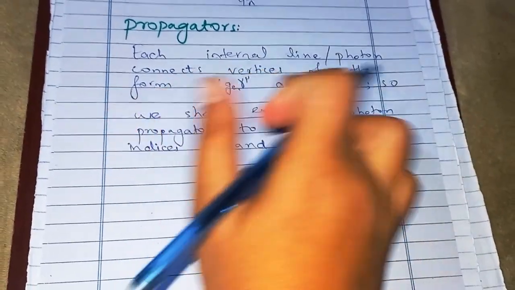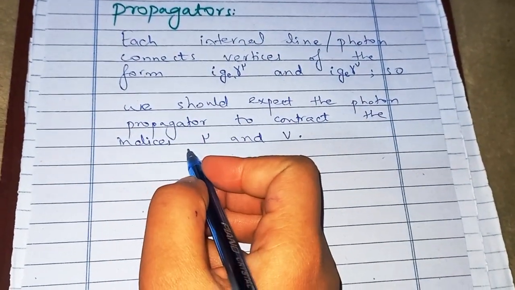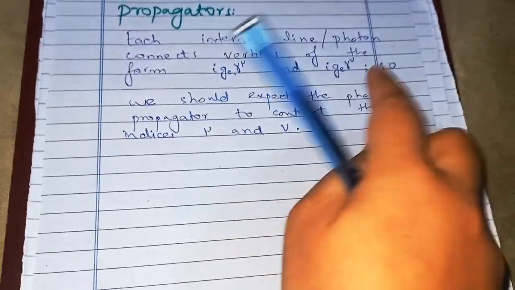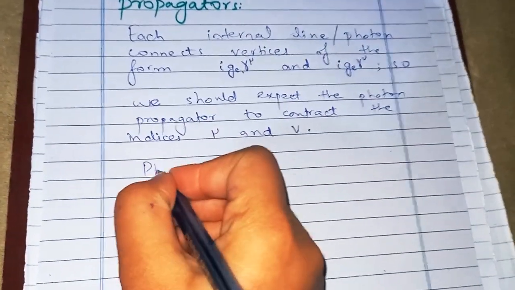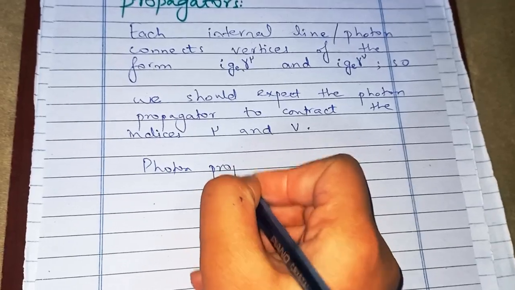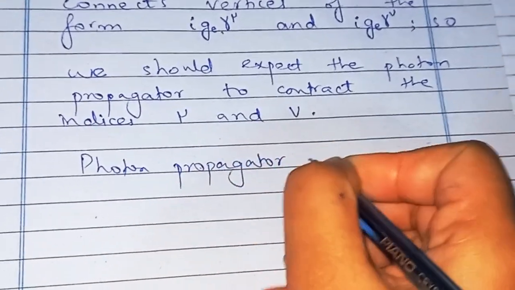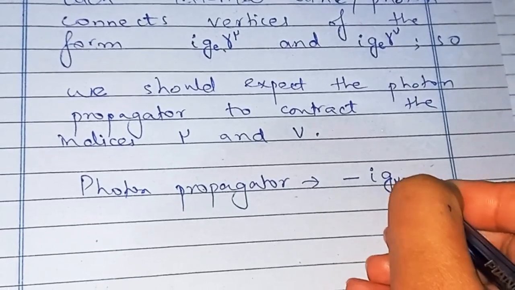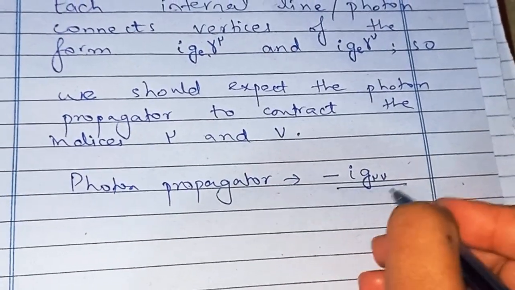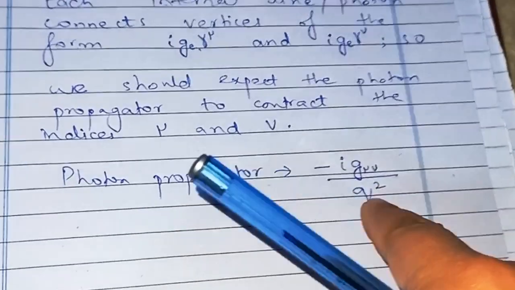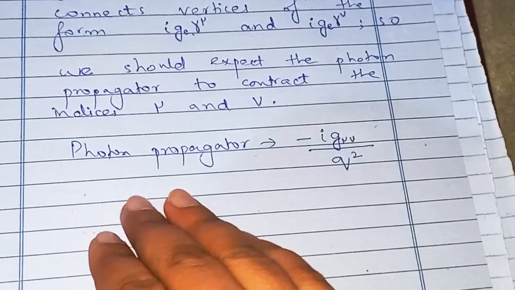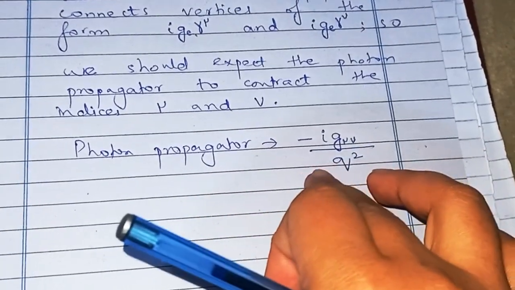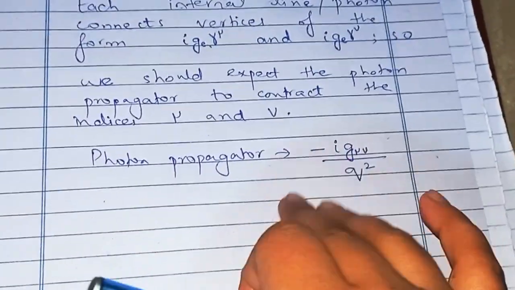As we can see, they are connecting the emission of the photon and the absorption by the positron, so they should connect with each other. And the photon propagator factor is actually minus i g mu nu divided by q squared. We'll see what q is later. The photon propagator creates a change in momentum. And yes, this is the photon propagator.